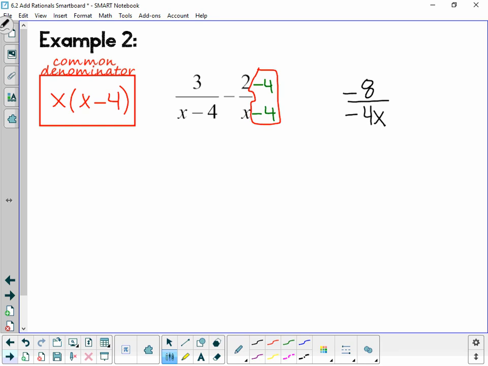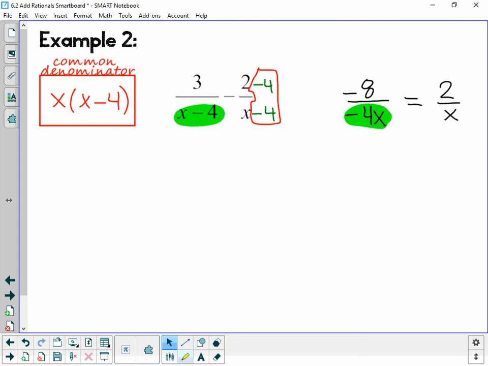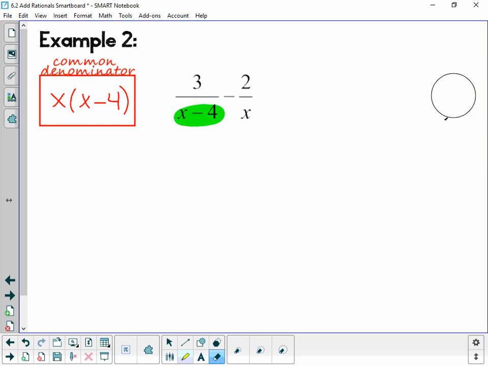Now, it's definitely true that 2 over x is the same as negative 8 over negative 4x, but it's not helpful in the context of this problem because we're trying to get the denominators the same, so it didn't help us. Okay, so try to avoid that error of thinking that a negative 4 is going to make those two denominators the same. It won't.